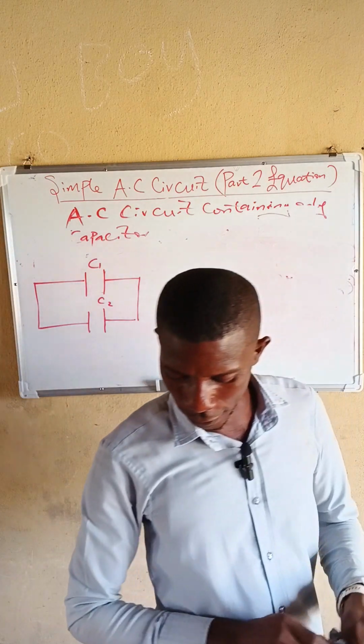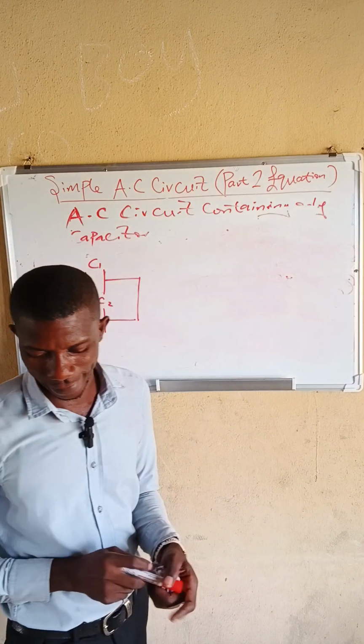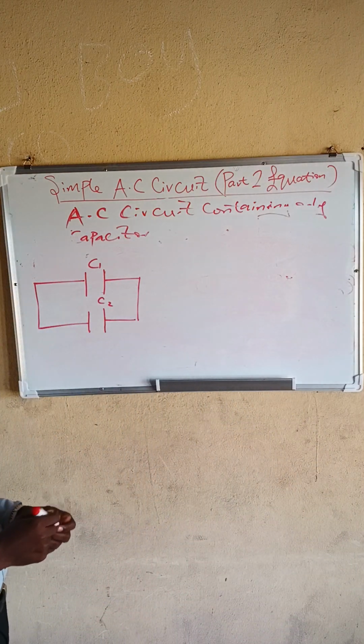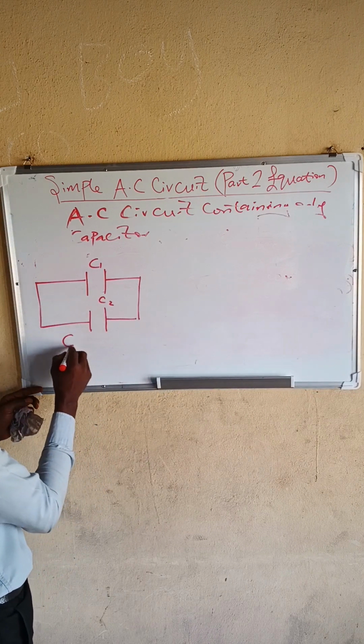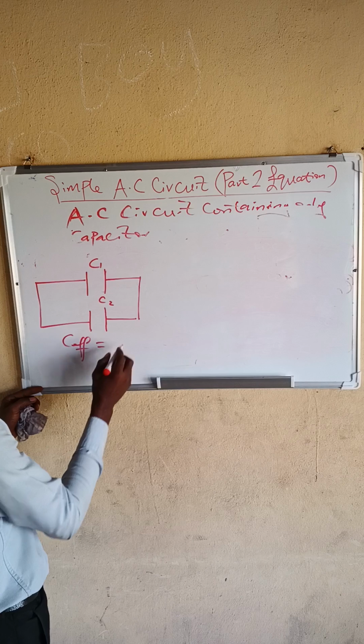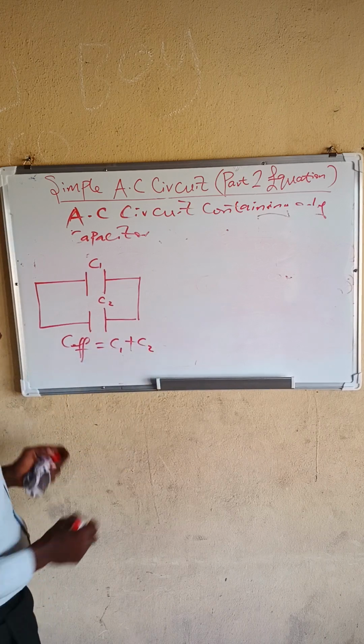If connected in parallel, the result is addition, so the effective capacitance is C1 plus C2.